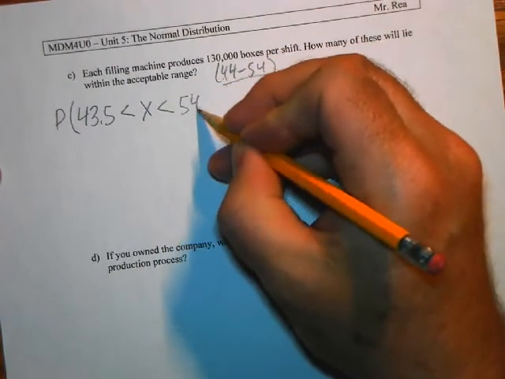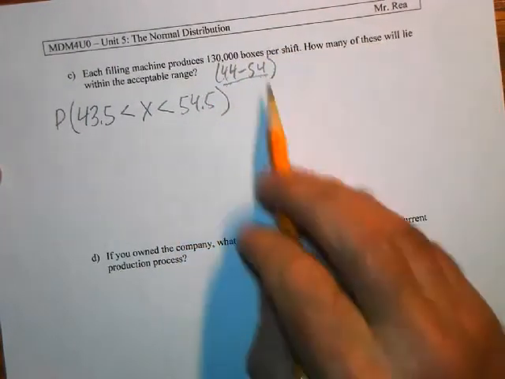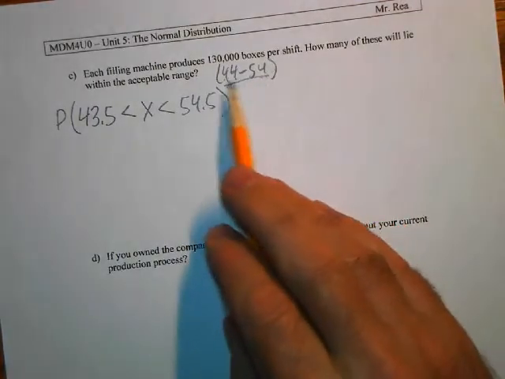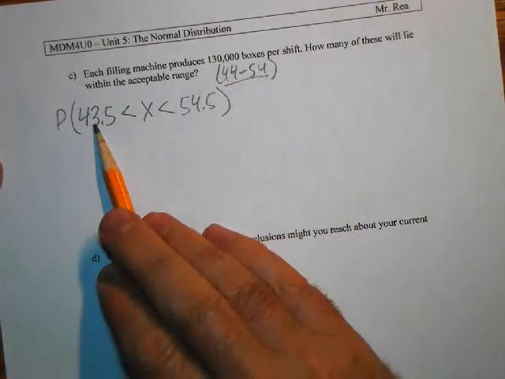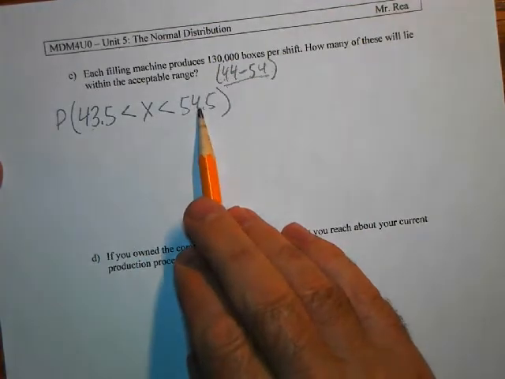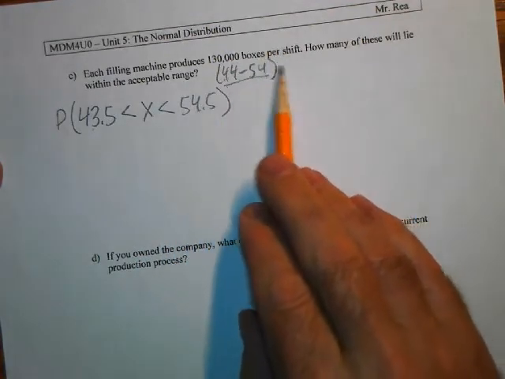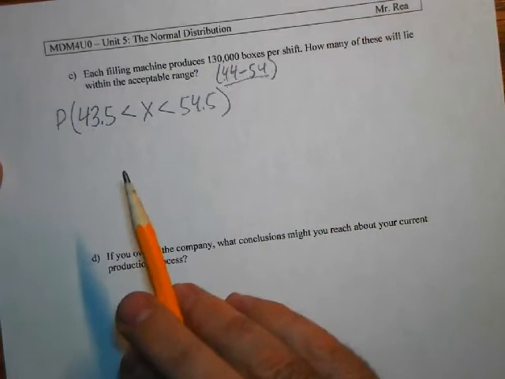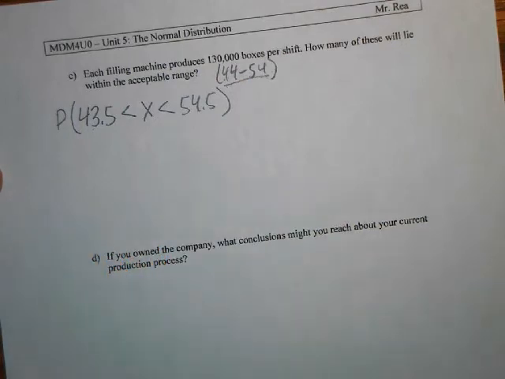And you have to be careful because it's quite easy to make a mistake and put 44.5 here or 53.5 here. Remember, you're going 0.5 to the outside of what you really want.